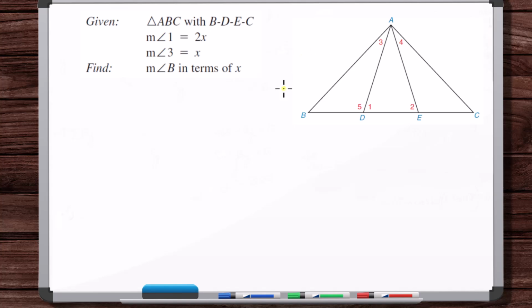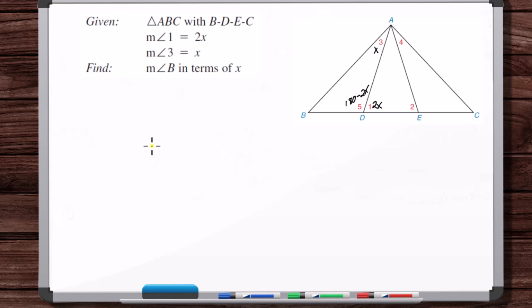Okay, so same setup, but now the measure of angle 1 is 2x, and the measure of angle 3 is x. So now find the measure of angle B in terms of x. So, okay, well, 1 and 5 are supplementary, so this is going to be 180 minus 2x.